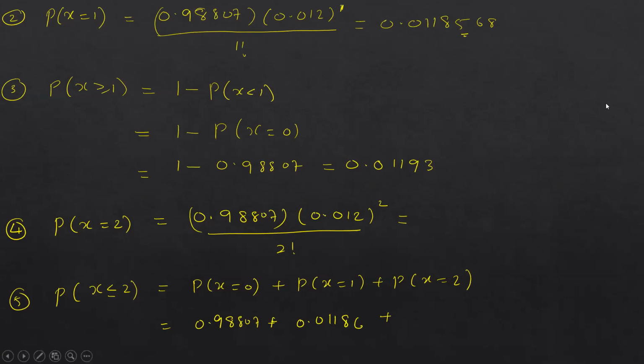Not 71 point, it is 7.14 into 10 to the power minus 5. Okay, so this value will be 0.0000711. This is the answer. So that part I will plug it here, 0.0000711.